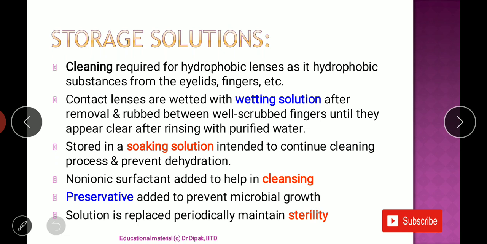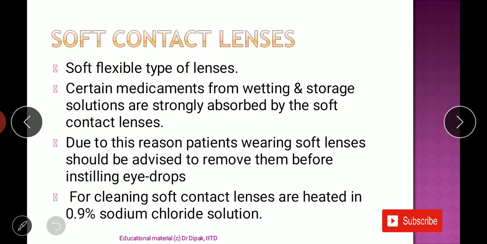Usually for the purpose of cleansing, a non-ionic surfactant is added. A preservative may be added to prevent microbial growth. The solution must be replaced periodically, rather after every use, to maintain the sterility of the storage solution.